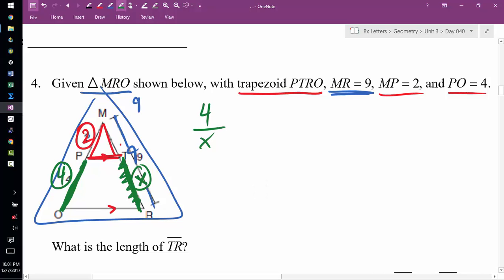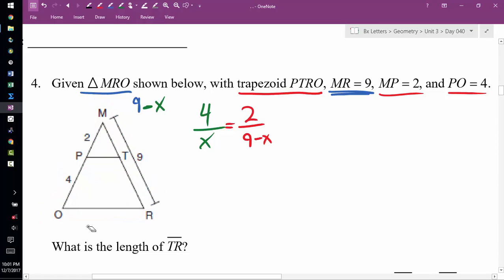The way you erase something arithmetically is with subtraction. So it'd be 9 minus x. So I'm going to have 2 over 9 minus x. That already looks confusing. You might be a little unclear as to where I got that.